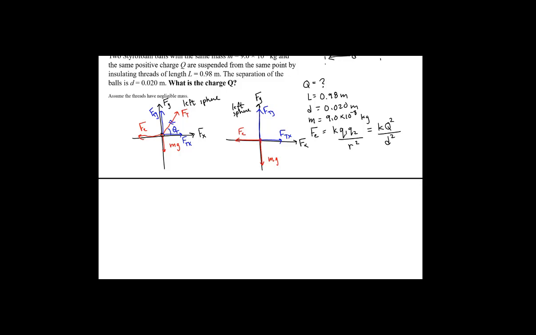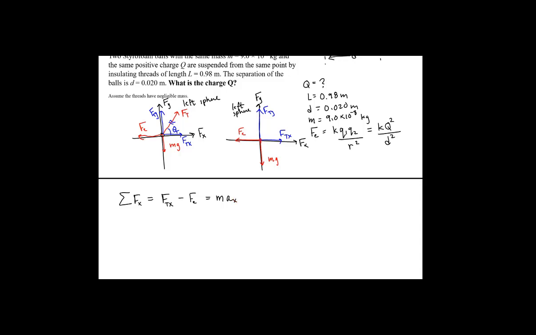Okay, so looking at the sum of the forces in the x direction for our sphere, all we have to do is sum up the forces along that axis. That's the force of tension in the x direction minus the Coulomb force. That is equal to the mass of our sphere times the acceleration in the x direction.